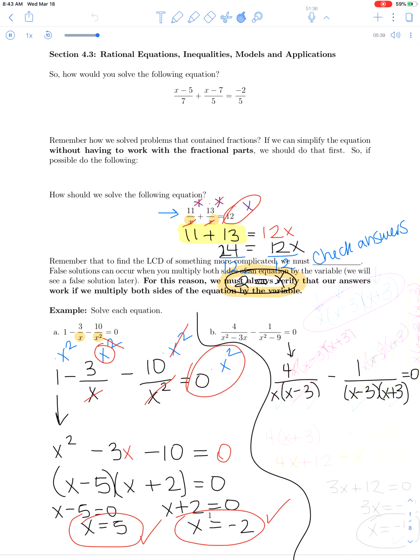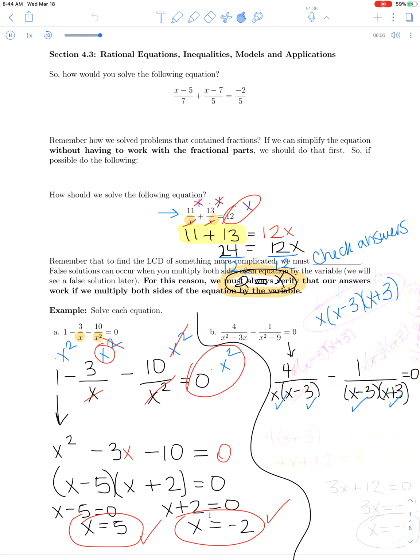Now that it's factored, though, we can talk about our common denominator, which is going to be an x, because that's what's in one of the denominators. Also, notice that we need to be able to cover an x minus 3, because each of the denominators has one of those. And I also have an x plus 3, so I need to have a common denominator of x minus 3 and x plus 3.